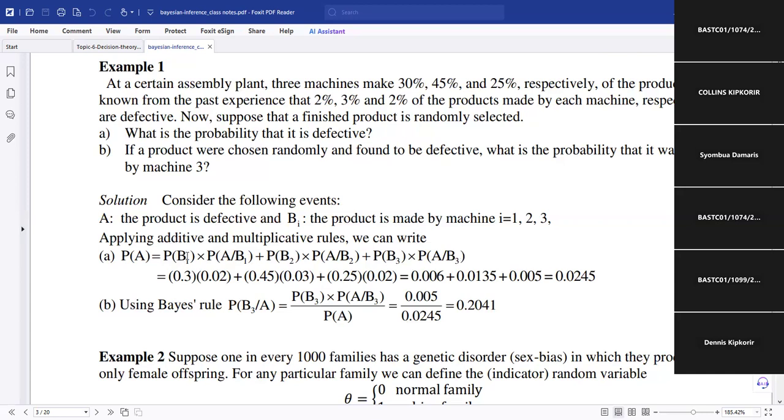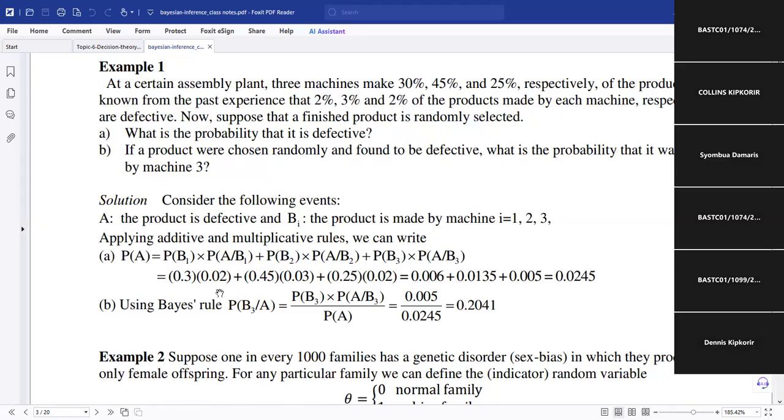We need the probability that it is defective and it is from any of these B1, B2, and B3.